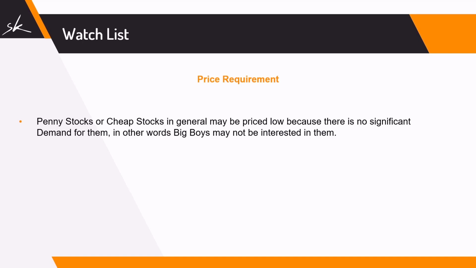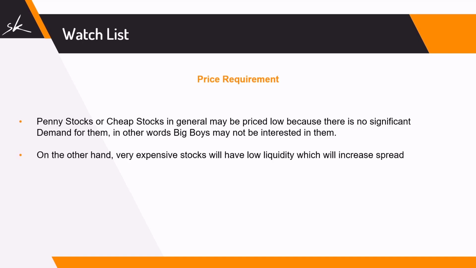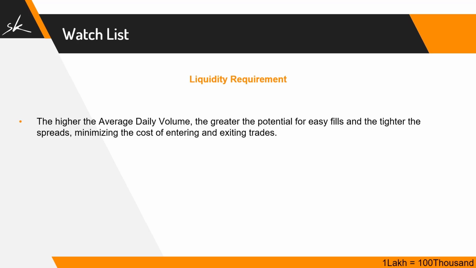On the other hand, very expensive stocks will have low liquidity, which will increase the spread. Therefore, our watchlist price requirement will be a script which is trading between 100 to 3000 rupees. The higher the average daily volume, the greater the potential of easy fills and the smaller the spreads. This minimizes the cost of entering and exiting trades.